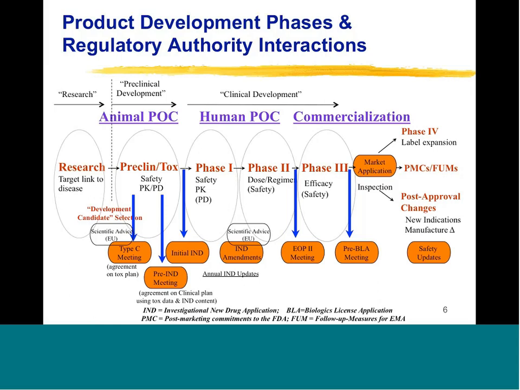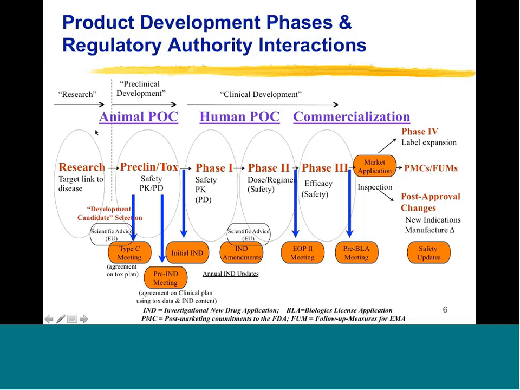Usually, there are interactions. You might be doing other changes, maybe manufacturing changes. There's an IND amendment to now go to your phase 2. You present data to the agency and say, here's my rationale for the next phase, which is dose and regimen, the frequency studies. Now you're collecting more safety, but you're really doing what I'm calling here a human proof of concept.